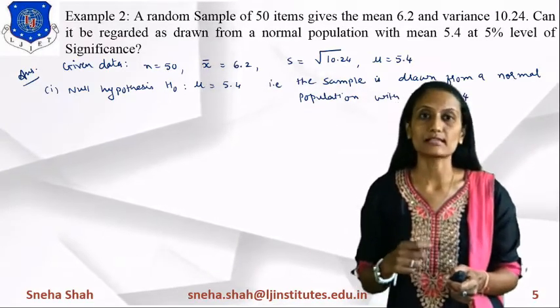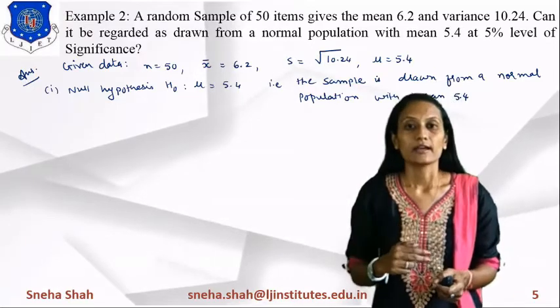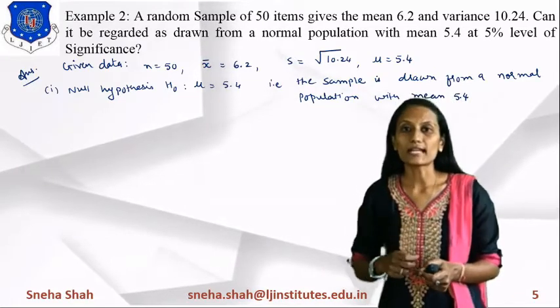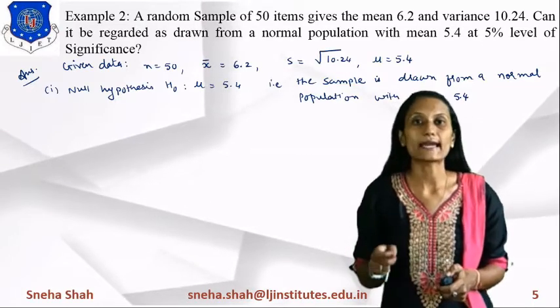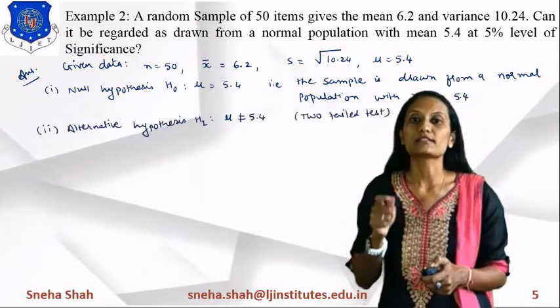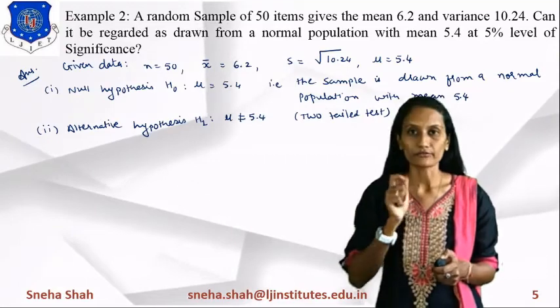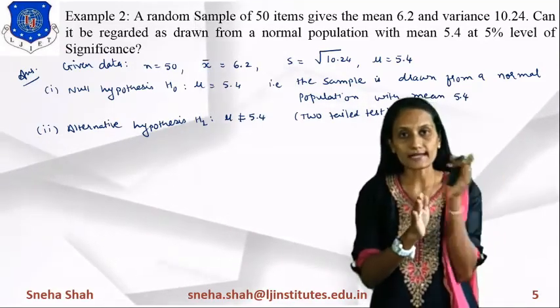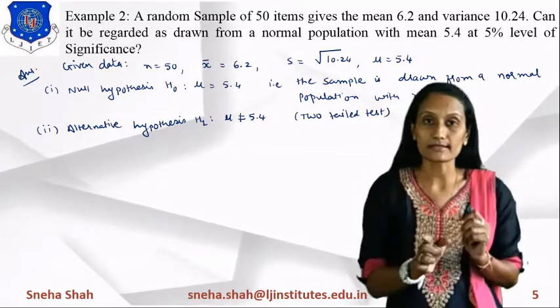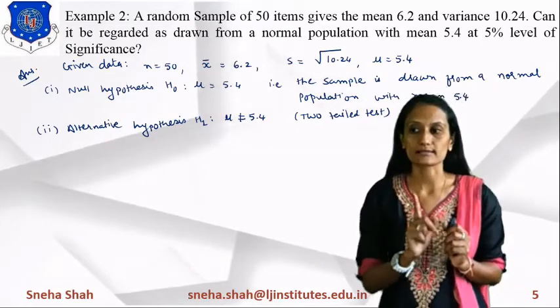The alternative hypothesis is its complement. So it is the complement of the null hypothesis, represented by H1, and its value is mu does not equal 5.4. So it is other than 5.4, meaning right side as well as left side. So it will be considered a two-tailed test.